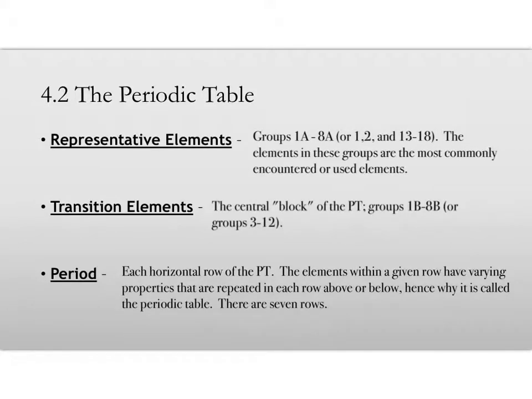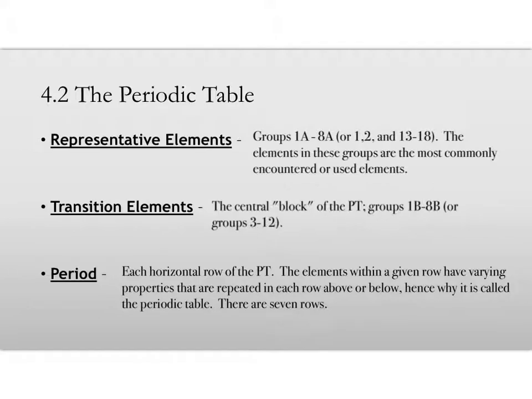The representative elements are groups 1, 2, and 13 through 18. They're called the representative elements because most of the elements that we use or interact with or encounter in our daily lives are in those 8 groups.